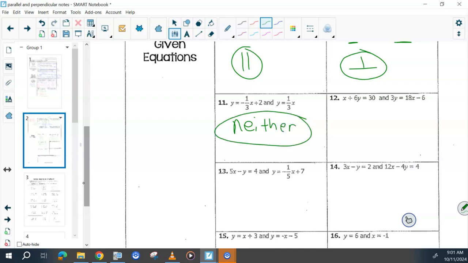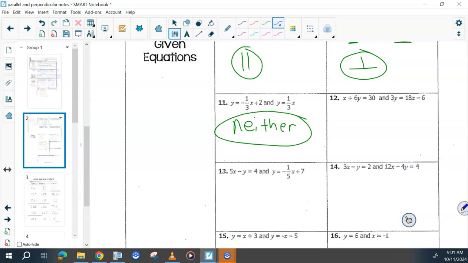Okay, then we're going to do 12. If we had something like 12, we have to solve both of these before we could continue and determine if they're parallel or perpendicular or neither. How would I solve the one on the left to get y by itself? We will divide by 6, but not first.